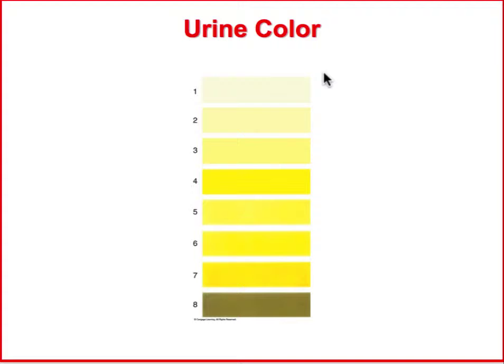So what you oftentimes see is a chart of urine color. If your urine is very dark and you're not taking vitamins or medications that affect your urine color, it can mean that you have a high osmolarity in your urine, and that might be a reflection of the fact that you're hypohydrated.